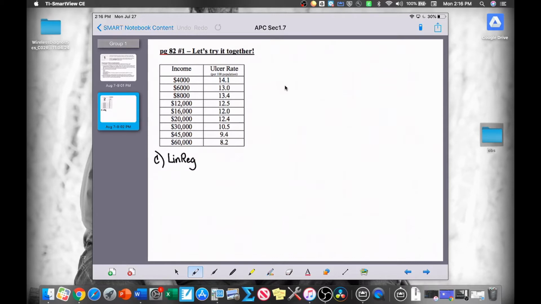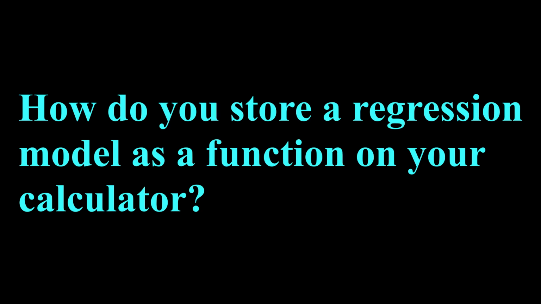And linear regression gave us the model y equals negative 9.9785 times 10 to the negative fifth x, that was our slope, and then our y-intercept was plus 13.9508. And yes, I'm carrying a lot of decimal places to try to be as accurate as possible.